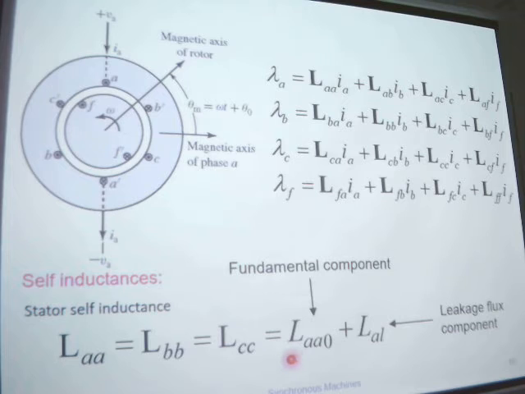They can be obtained from L_AA0, the fundamental, and L_AL, the leakage flux. This is similar to L_FF. So we have the four self-inductances.